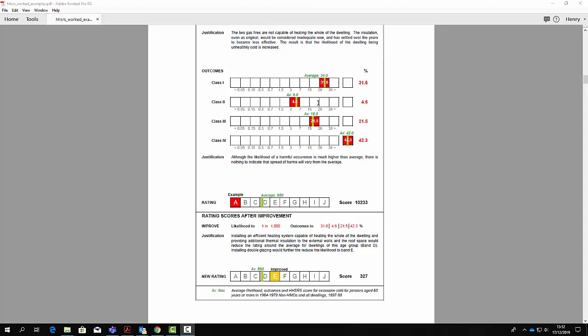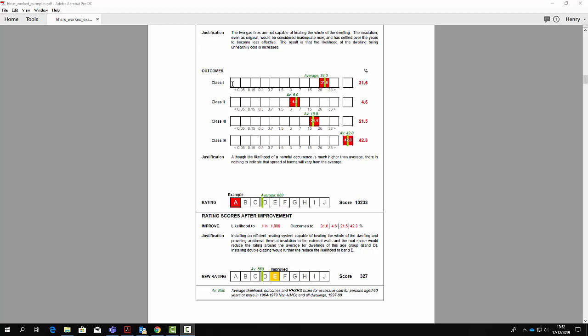So the next question. We park it now about how likely it is that ill health is going to occur. Let's consider how bad it'll be when it occurs. So if we're considering how severe the outcomes are going to be when that ill health occurs, then in this worked example, we haven't deviated from the national averages, which are 34, 6, 18 and 42.